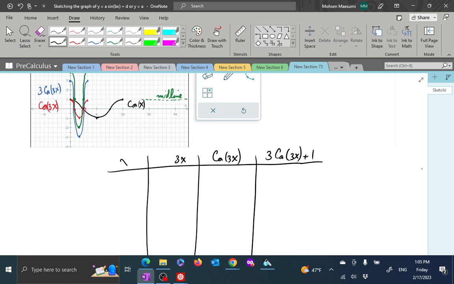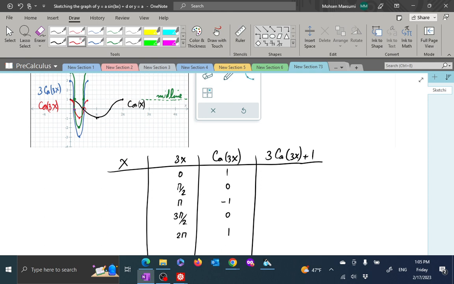And then we need the x as well. 3x goes through 0, pi/2, pi, 3 pi/2, and 2 pi. Cosine of 3x goes 0, 1, 0. Oh, excuse me. I guess I'm tired. So this is 1, 0, minus 1, 0, back to 1 again. I was just writing sine instead of cosine.